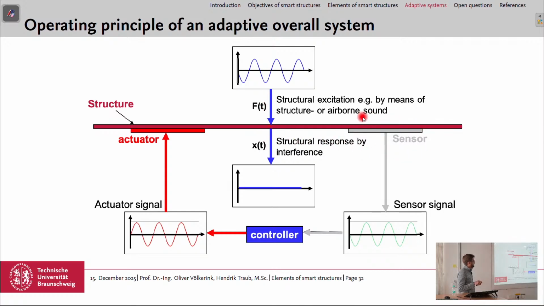This disturbance is recorded by the sensor, and the sensor signal then goes through the controller to the actuator, generating the actuator signal and then controlling the actuator, and the result is a structural response which is without the structural excitation. So you, for example, control a vibration in this case.